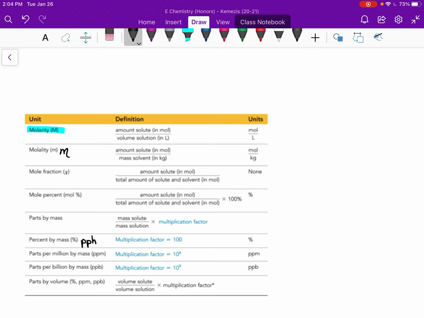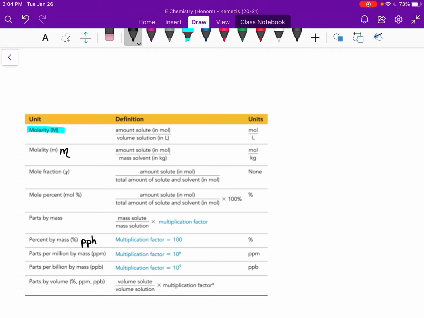And the reason for that is some of the things that we track in waters or in solutions have a really small concentration, and they can be very harmful in really small concentrations. So instead of talking about a 0.0001% solution, I can talk about 0.1 ppm, or even 100 ppb, right?